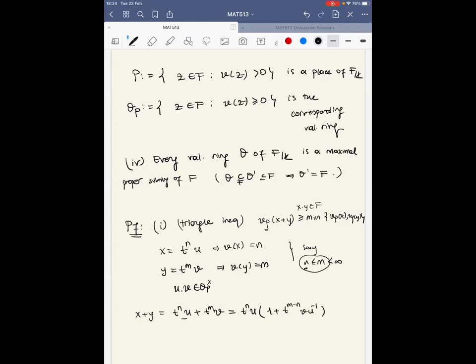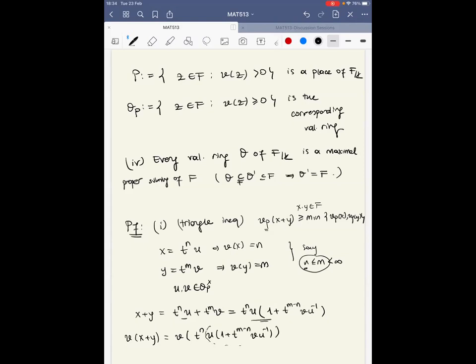And now we want to compute the valuation V of X plus Y by regarding this equation.